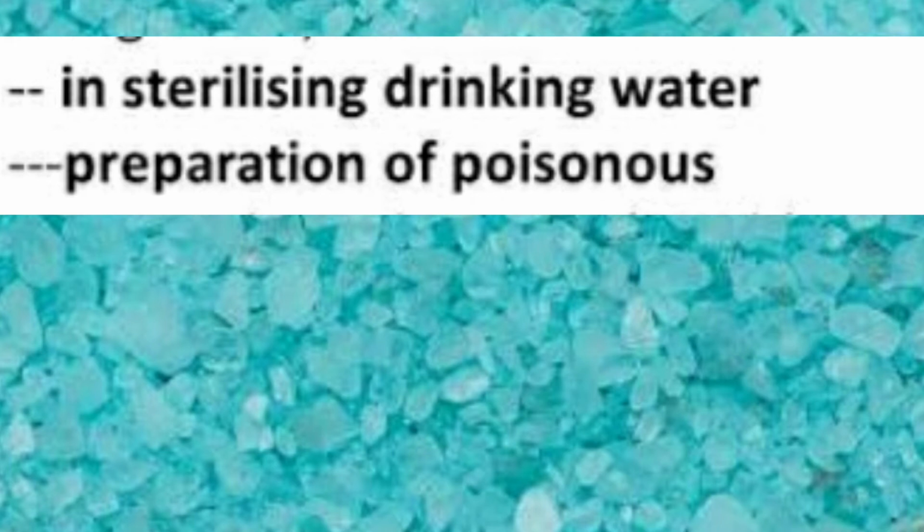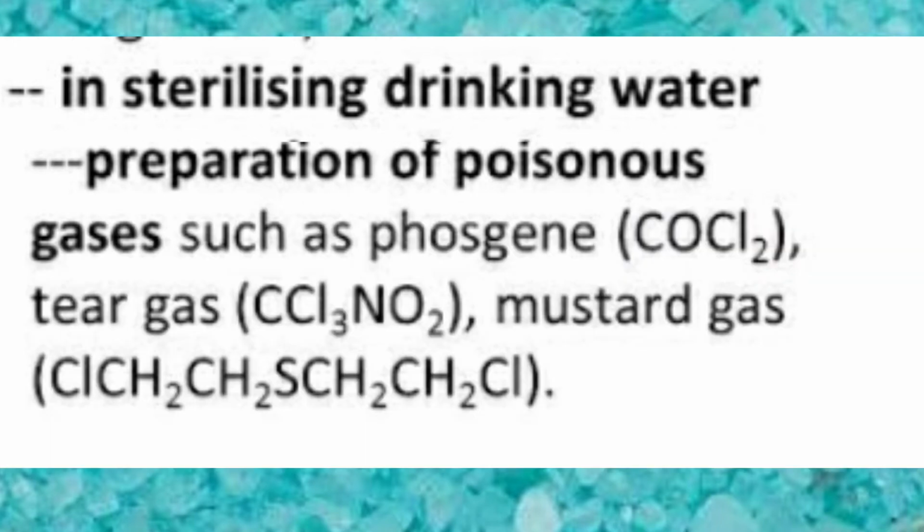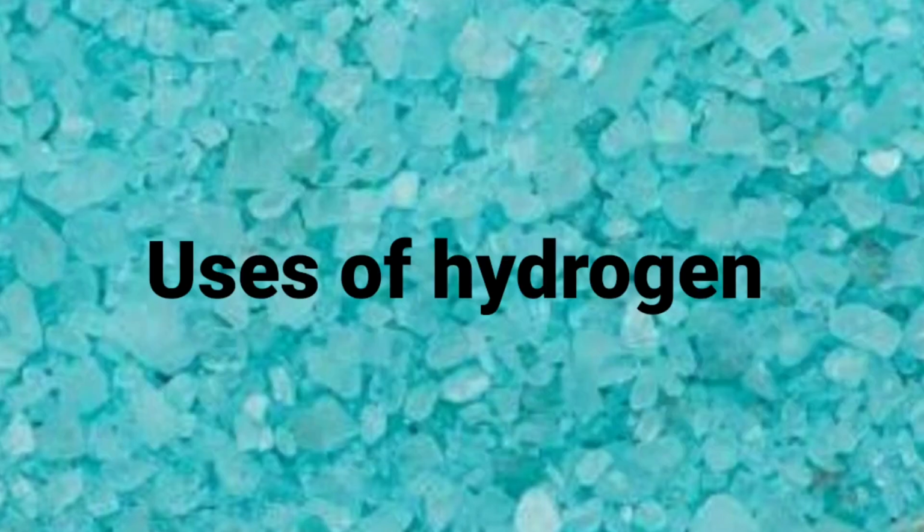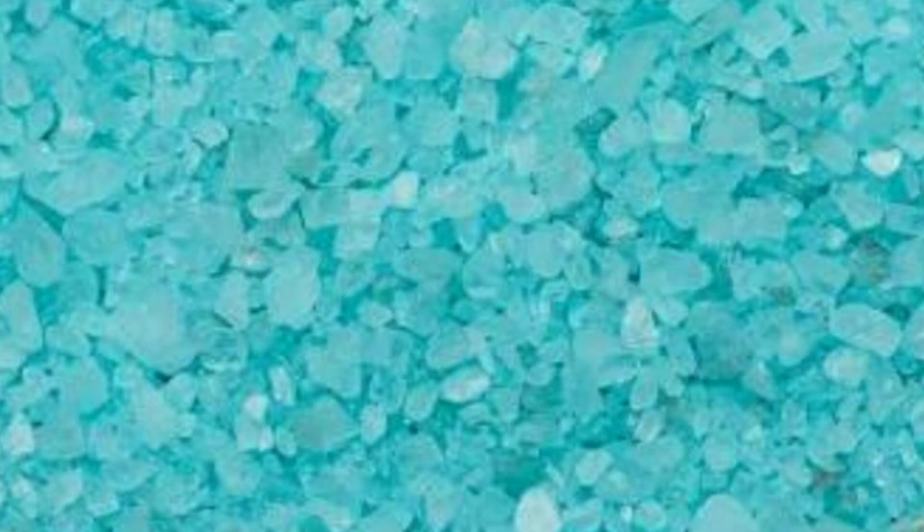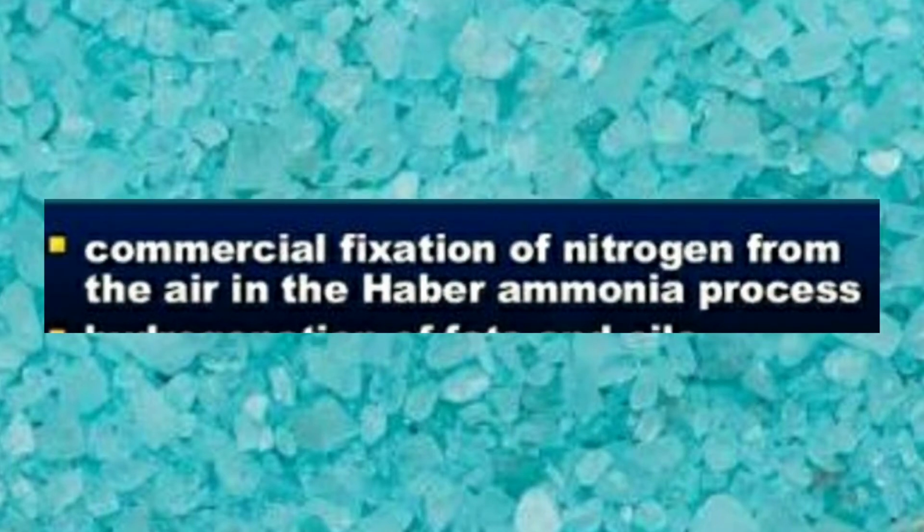It's used in the preparation of poisonous gases such as phosgene, COCl2, tear gas, CCl3NO2, and mustard gas. Now we shall see what are the uses of hydrogen. Hydrogen is used in the commercial fixation of nitrogen from the air in the Haber ammonia process.